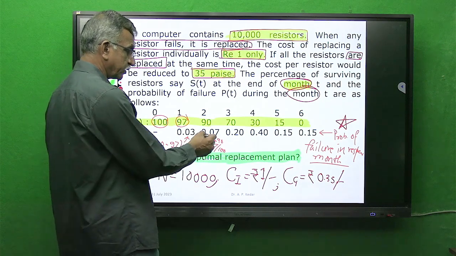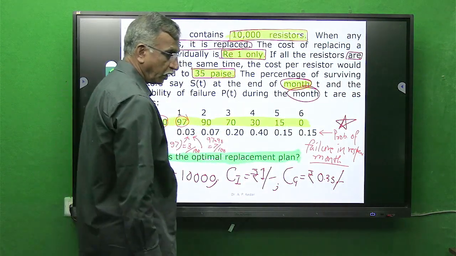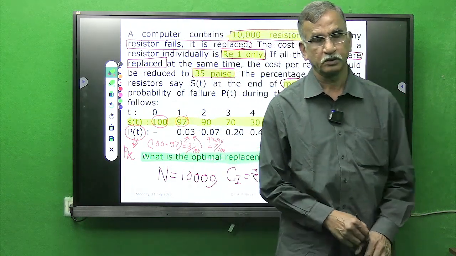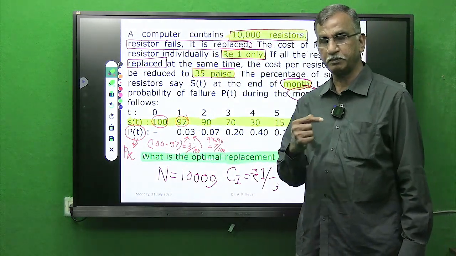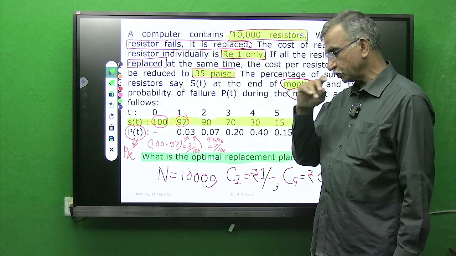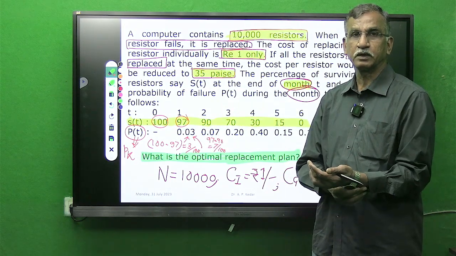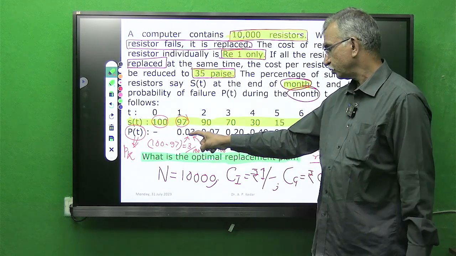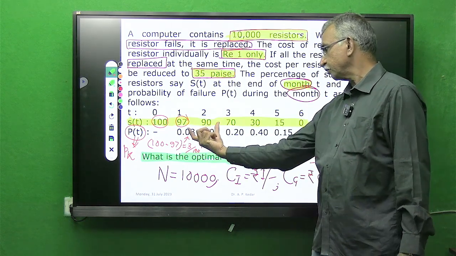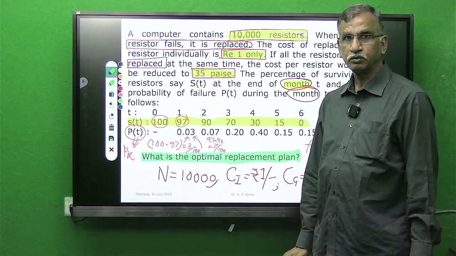In this fashion you calculate for all months, and cross check your answer. It is a mandatory step. If you are in a position to find your mistake at this point, then it's okay, otherwise your entire effort will go wrong. Cross check that the sum of individual probabilities must equal 1.